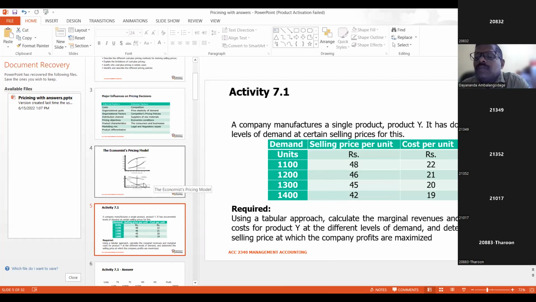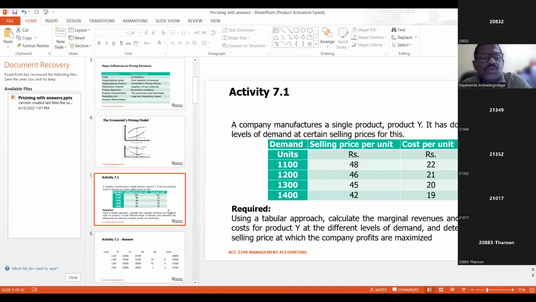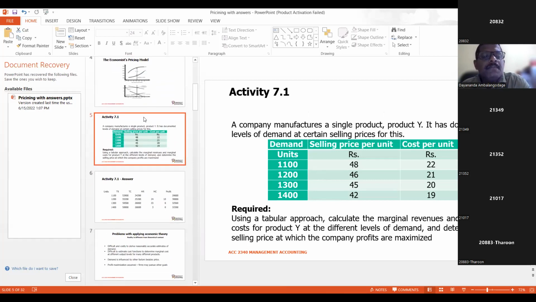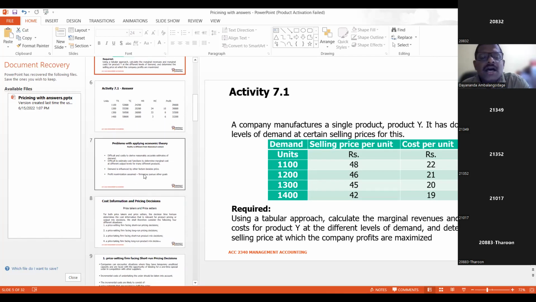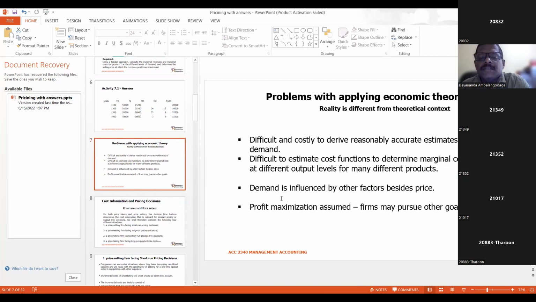At that point we assume that is the profit maximizing point. But to adopt this MR-MC concept from economics theory, we have a lot of weaknesses. We discuss the weaknesses under 4 headings.